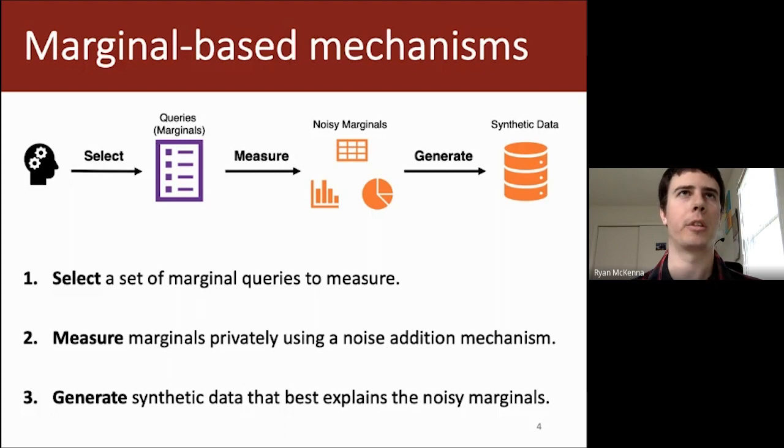And thirdly, for the select subproblem, even if we have perfect solutions to the other 2 problems, if we're naive and we select only one-way marginals, it doesn't matter how good our solutions to the other problems are. We're never going to be able to preserve correlations between attributes or anything more interesting. So it's important to have good solutions to all 3 subproblems.